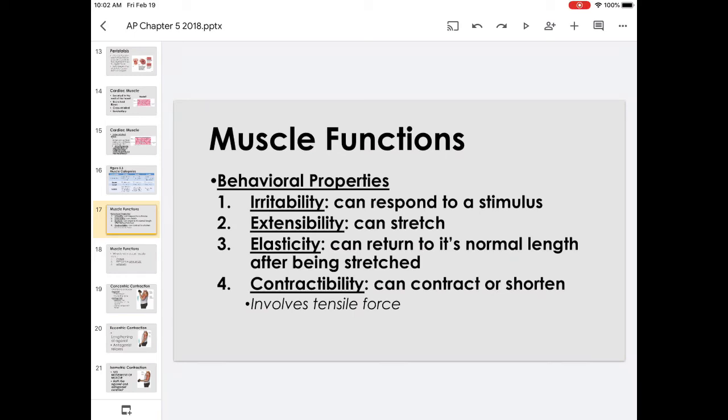Thirdly, you have elasticity, which is the ability for your muscle, after being stretched, to come back to its normal length as well. And then contractibility is when you can contract or shorten your muscles. Most muscles have a tendon attached to the bone on each end.